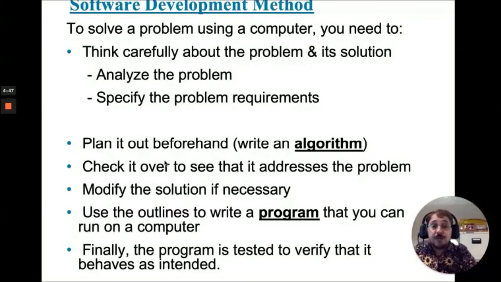Meaning to say, before applying, you will plan it out. You will write it on paper, in the field of computers, step by step. Then you will check it: let's apply some example on the first step, then on the second step, and the third step.